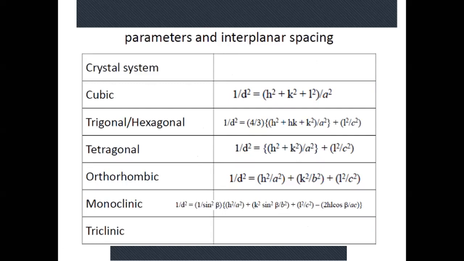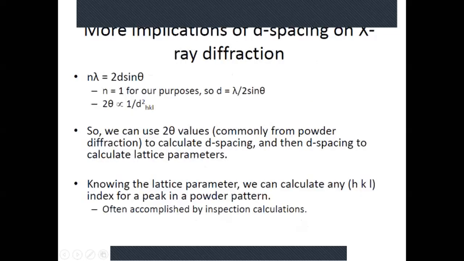So this is how you get between all the different units or parameters. And this is important when we look at D spacing on X-ray diffraction. As I said earlier, n lambda equals 2d sine theta. And as we learned very early on in the course, n is always set to 1.